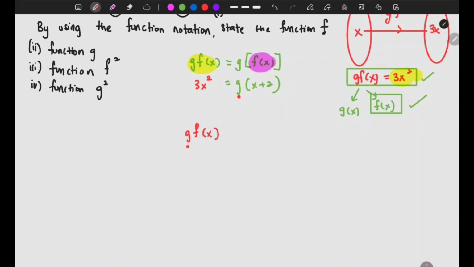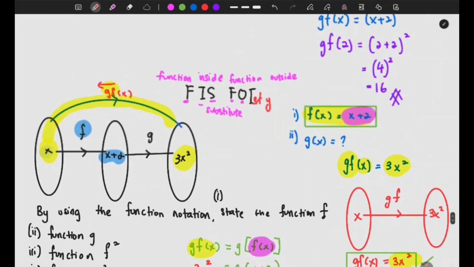So your g is outside, right? So function outside, you should let Y. That's how you should remember. And you let Y to who? To the neighbor, which is inside the bracket.